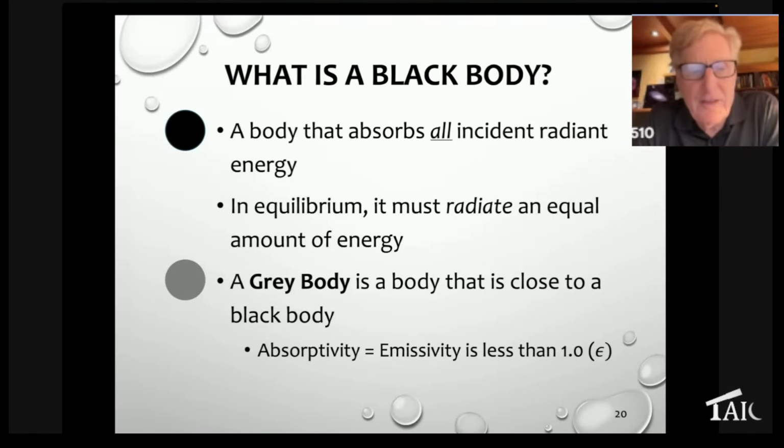And in that case, the absorptivity, what it absorbs, is equal to the emissivity, but it's less than 1.0. It's less than 100%. So a gray body can be very, very close to a black body, and it's possible to have gray bodies in a laboratory where the absorptivity and emissivity is equal to like 0.999. I mean, it's very, very high. So it's possible to get close to a black body, but remember that a black body is an idealized concept.